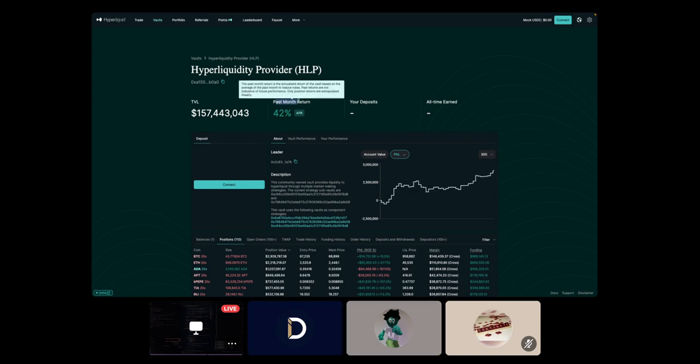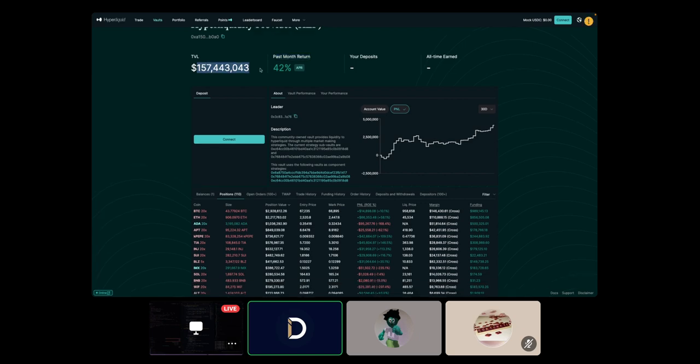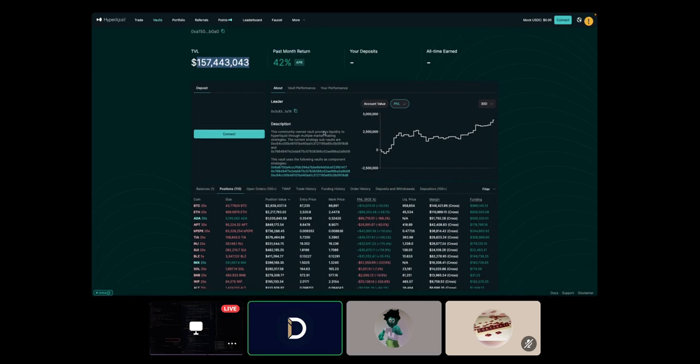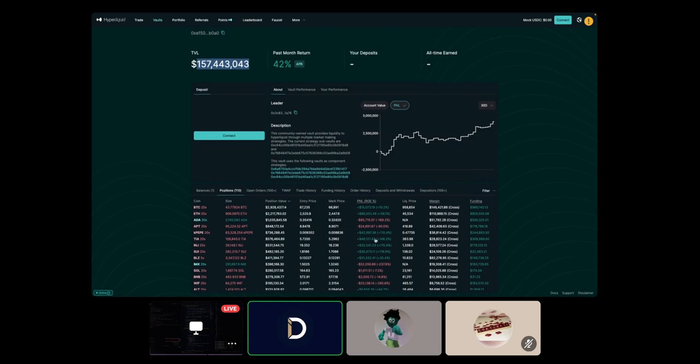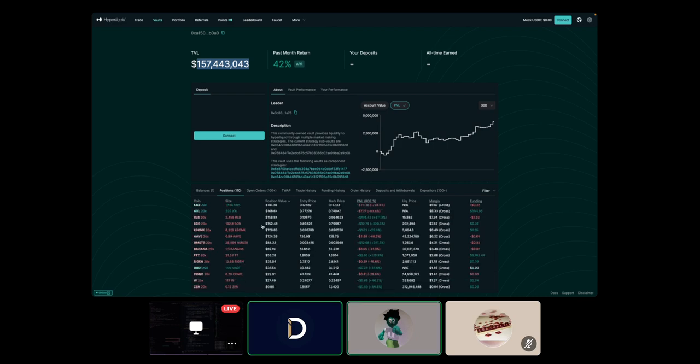So the past month return is 42%, and it has over 1.5 million pounds invested into the pool. These are real people investing into the pool, and it's like a portfolio.